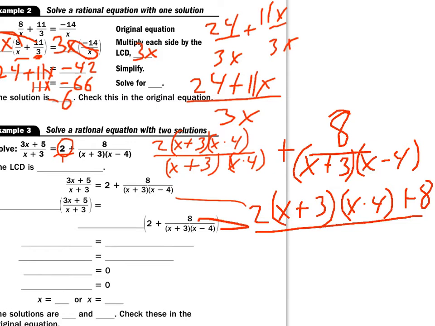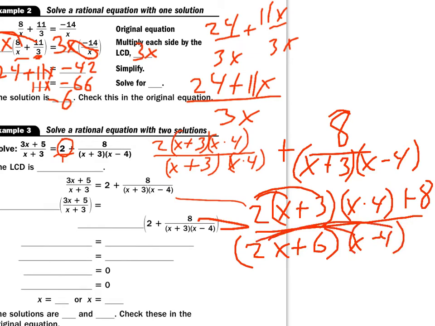If I want to work that whole thing out, there's a lot of stuff that'll happen here, but first and foremost, let's do 2 times x and 2 times 3, and I get 2x plus 6 times x minus 4, and then I FOIL that. 2x times x and 2x minus 4, and I get 2x squared minus 8x. That's the first and the outsides. The insides would give me plus 6x, and the last would give me minus 24.